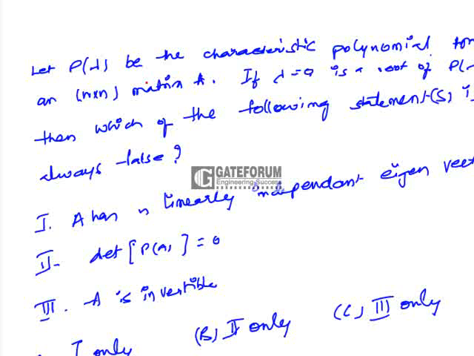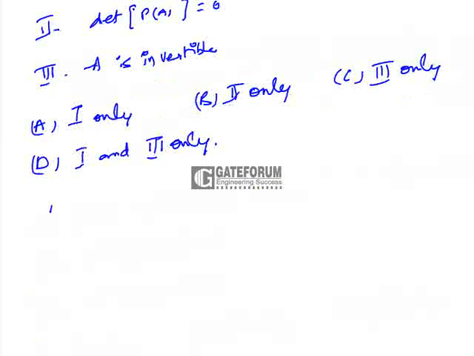So let us solve this problem by taking one example. Let us take A as a 2 by 2 matrix. Let A be [1 0; 0 0]. So this is a 2 by 2 matrix, here n will be 2, and let us find eigenvalues for this matrix.